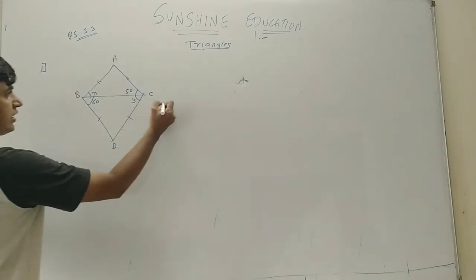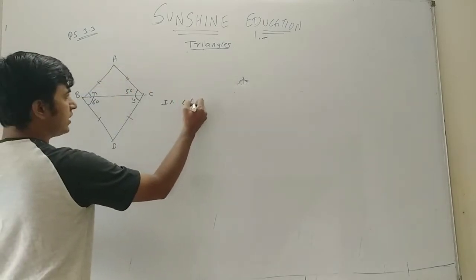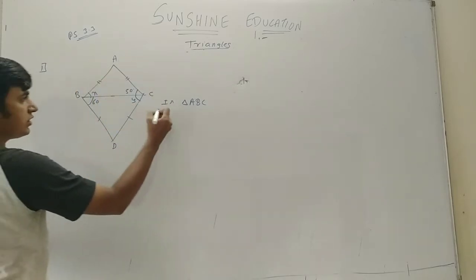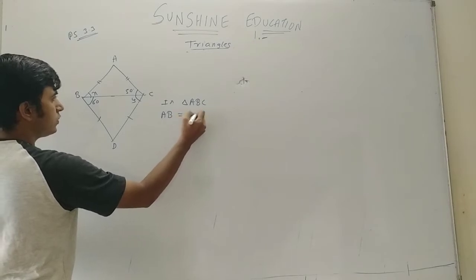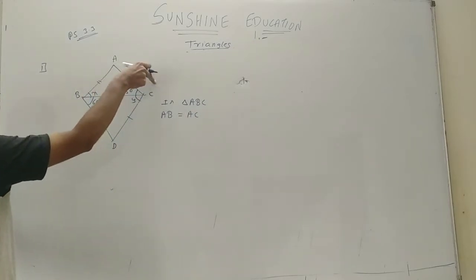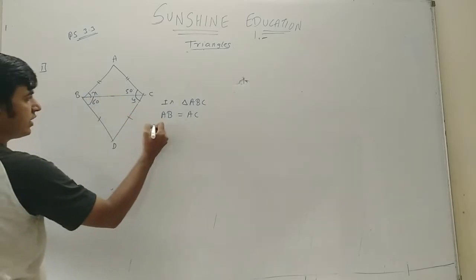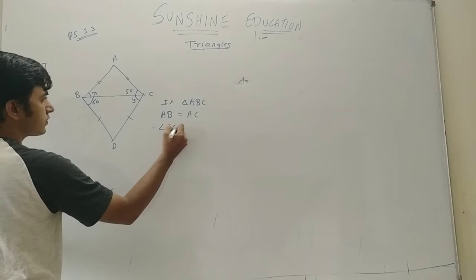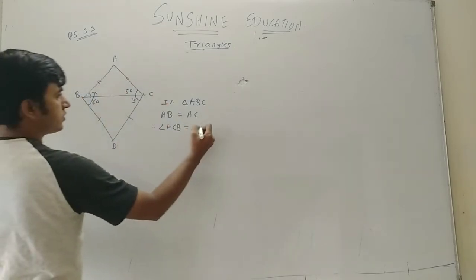So we will start in triangle ABC. In triangle ABC, AB is equal to AC. If two sides are equal, the angles opposite to them are equal. Therefore, I can say that angle ACB is equal to ABC.